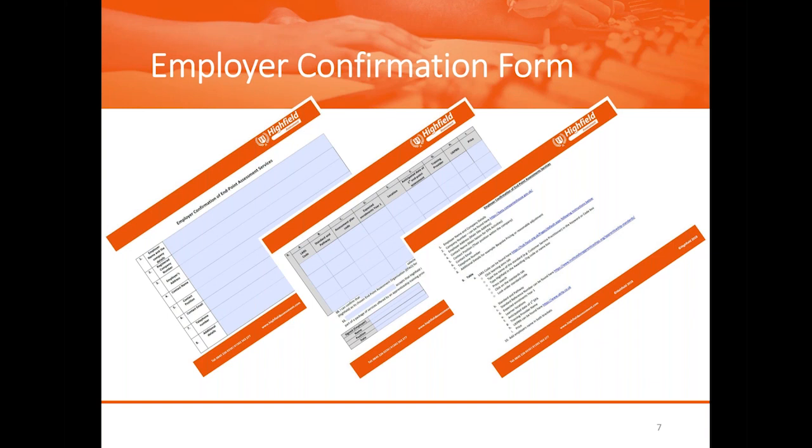Now, this can actually be pre-completed by the learning provider and sent to the employer for an electronic signature. It's fully editable, so it is an editable PDF. It doesn't need to be a wet signature, so long as we've got an email chain to provide proof that the employer is happy with the details that are being submitted.